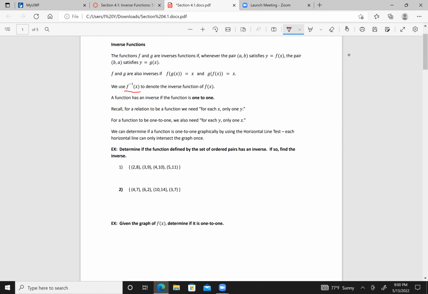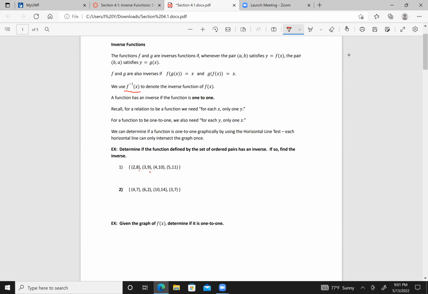So let's see what we have here. Determine if the function defined by the set of ordered pairs has an inverse. If so, find the inverse. First, we're told it's a function, so we don't need to test that. Now we need to look for each y, is there only one x? Well, for 8, there's only one x, 2. For 9, there's only one x, 3. 10, there's only one x, 4.